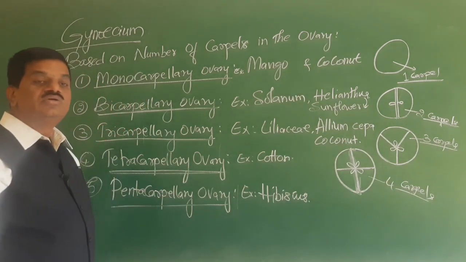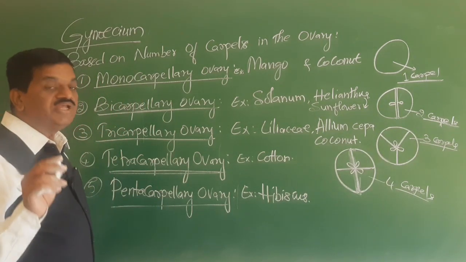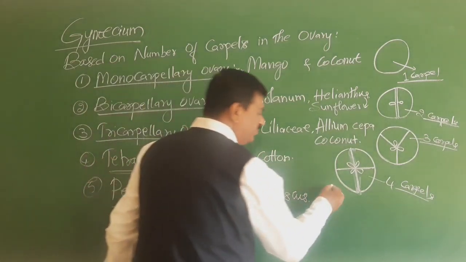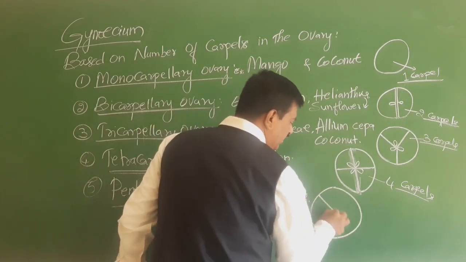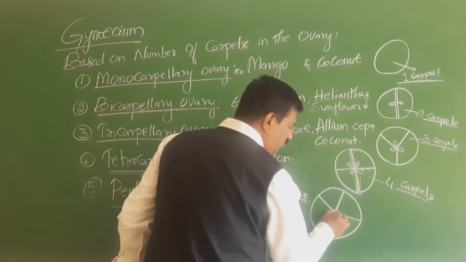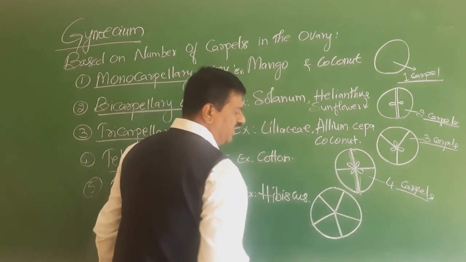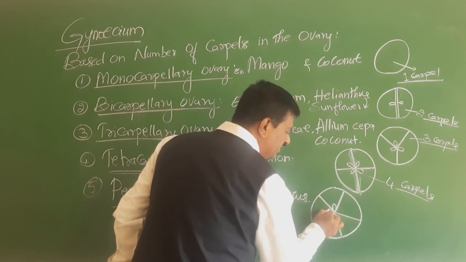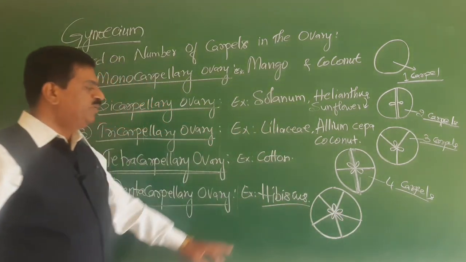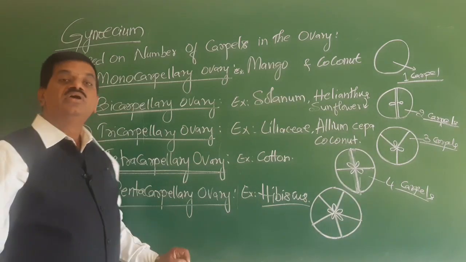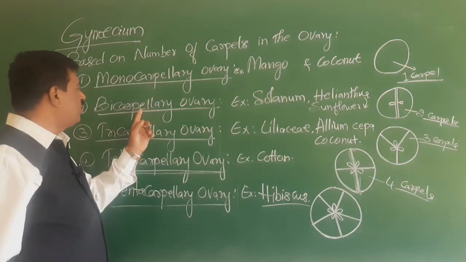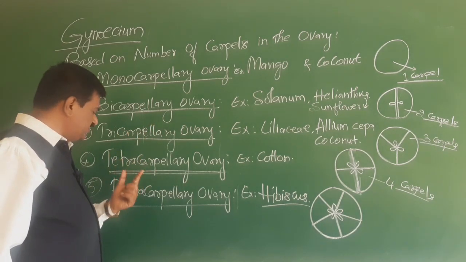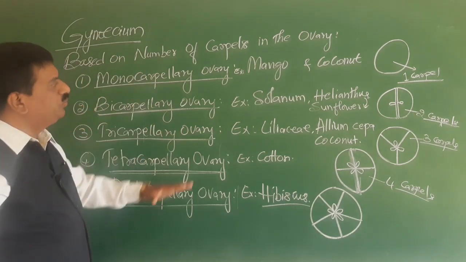We go for pentacarpillary ovary. Pentacarpillary means in an ovary there are 5 carpels. Hence it is called pentacarpillary. Example, hibiscus. So monocarpillary, bicarpillary, tricarpillary, tetracarpillary and pentacarpillary, with examples.